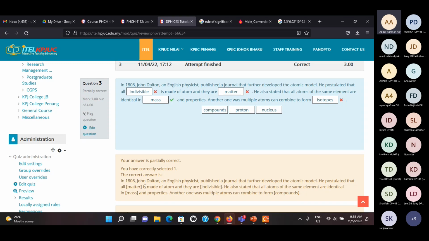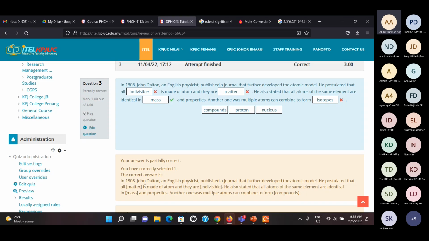So other physicists, other scientists terima idea dia sebab idea dia is in line, selari dengan fahaman all of the other scientists at the current time. Okay, itu maksud postulate. So he postulated that all matter is made up of atom and they are indivisible, tidak boleh dibelah.